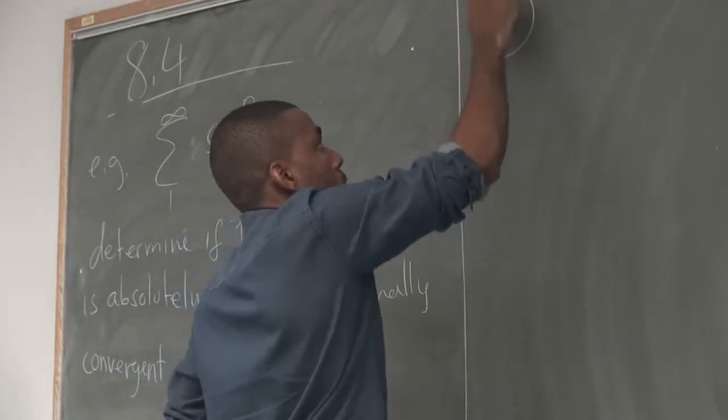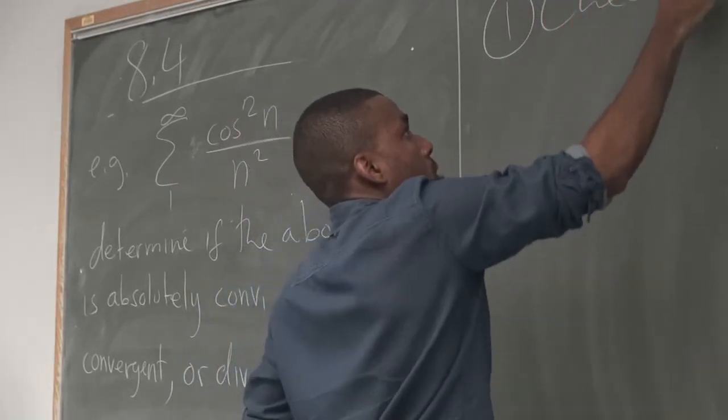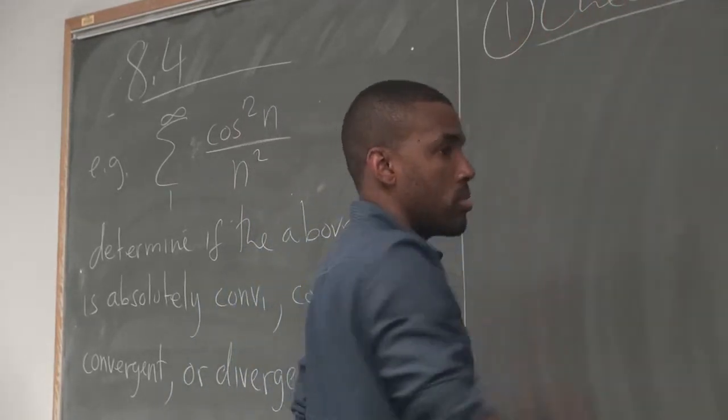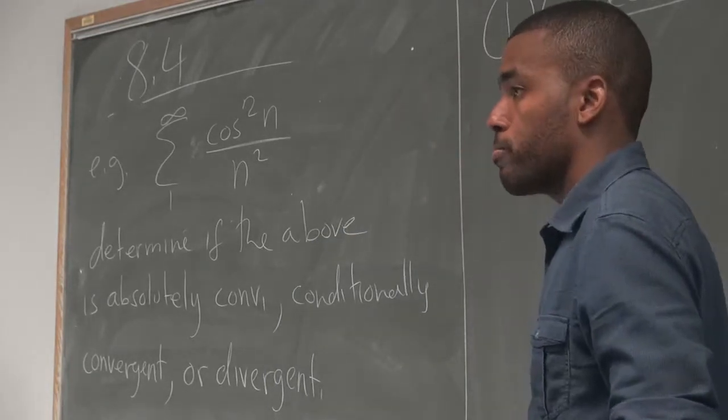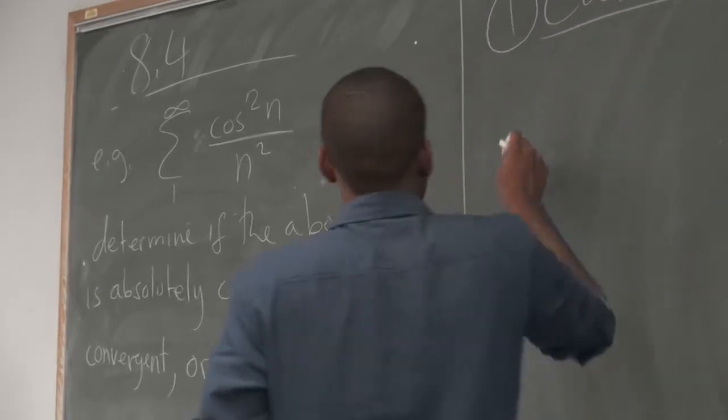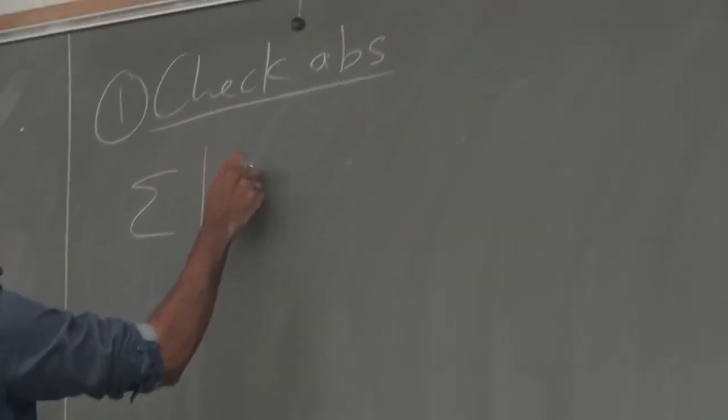So step 1, check absolute convergence, right? So what does that mean? What do I check? Throw absolute values around it, look if it converges.